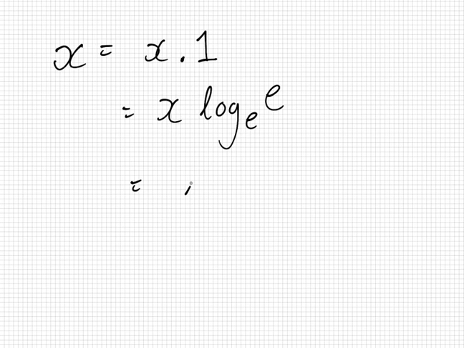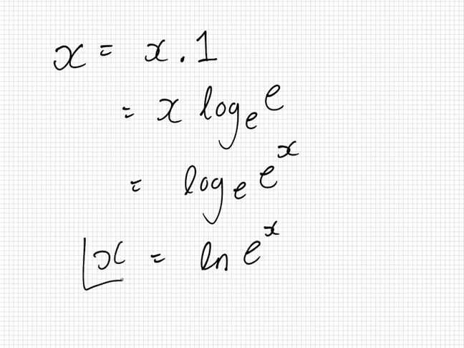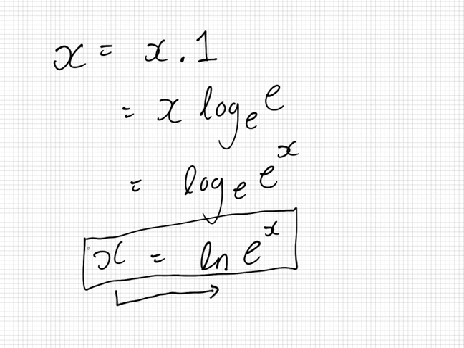Which is the same as log e^x. But what's log e? That's just ln e^x. So in other words, what I'm saying is log and e cancel, leaving you just x. But it's useful in this example to go this way, to change x into log e^x. And you can check it on your calculator. If you type in log e^4, you know that the answer will be 4. So that's just a little note for what I'm about to do next. If you need to write it down, you really just need to write this down.